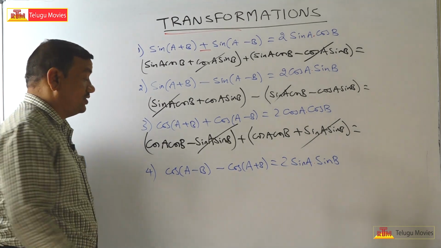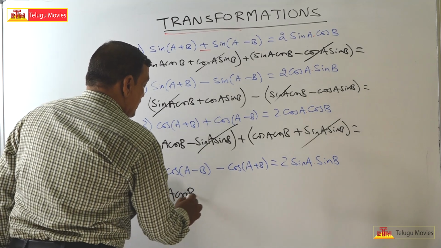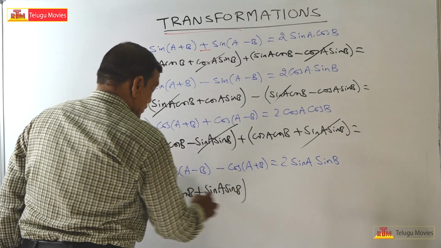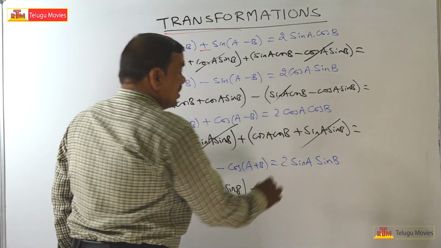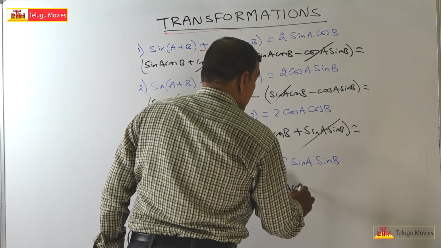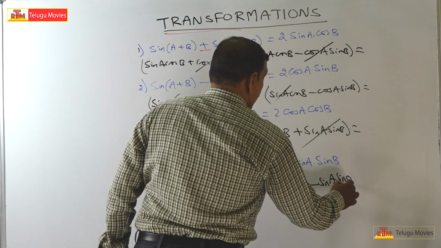Coming to the fourth result: cos of a minus b, which is cos a cos b plus sin a sin b, minus cos of a plus b, which is cos a cos b minus sin a sin b.